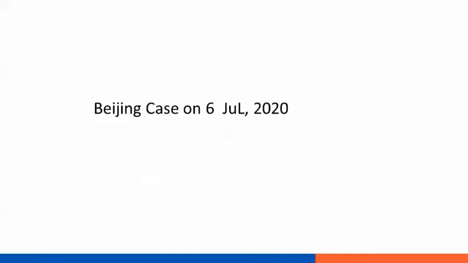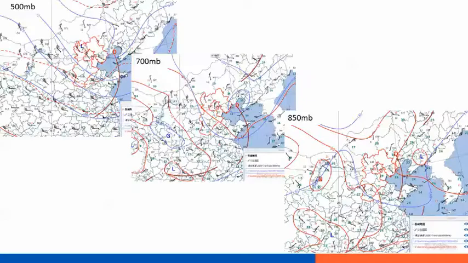Here is a Beijing case on July 6, 2020 this year. These are synoptic observations aloft at 8 o'clock CST on July 6, 2020. Beijing is located in the northwest airflow behind the trough from 500 millibar to 850 millibar.